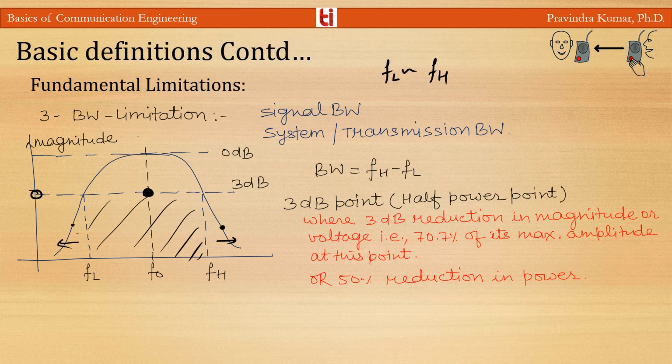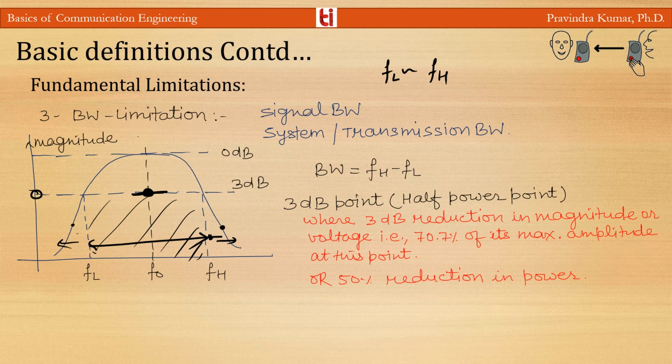So at this point there is a 50% reduction in the power, and this has been chosen as a convenient way to identify the bandwidth. So this is the bandwidth of your system or your signal.